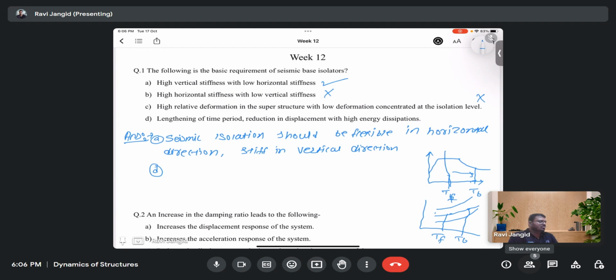If we include damping in the system, I can control my displacement. So option D is also correct: lengthening of the time period with high damping.